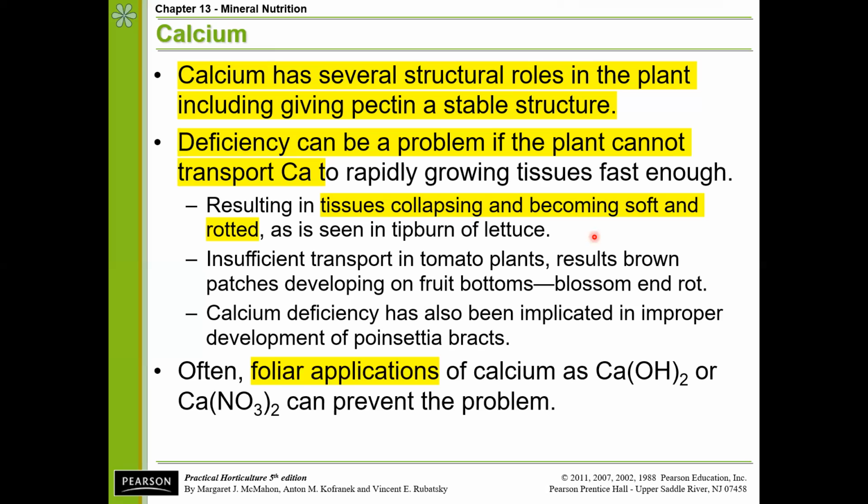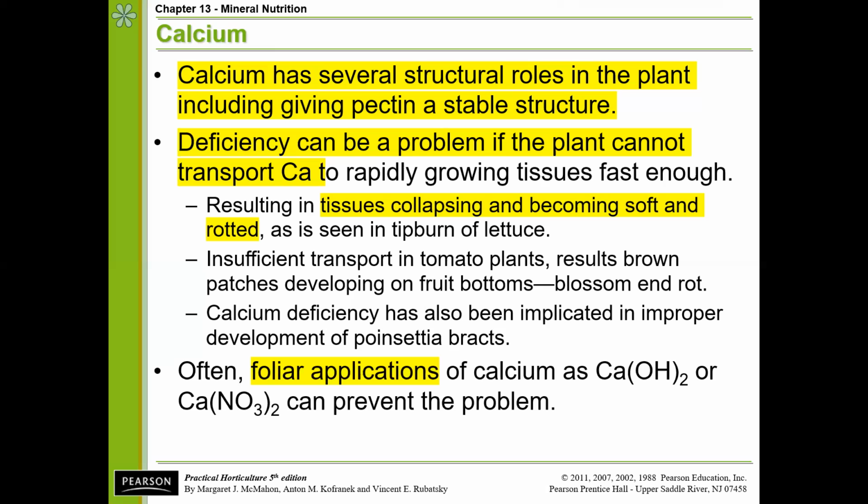We can use foliar applications of calcium to prevent further injury from that. It's not going to cure what's already happened, but it will prevent further injury. So if you've grown tomatoes before, you might have seen this product out there called Blossom End Rot Stopper.